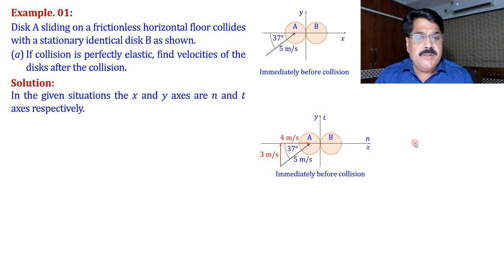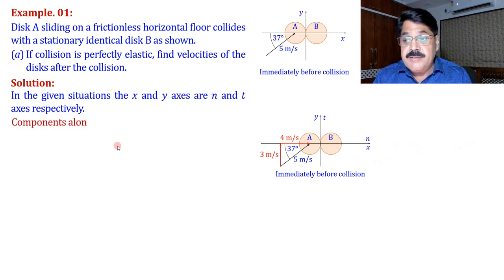Now we can assume the velocities after collision VA and VB, show their components, and find their values. But if we can predict values beforehand, then we find the values and start showing the components. And we know that the tangential component of ball A will remain the same and the tangential component of ball B will be 0. So let us first analyze it.